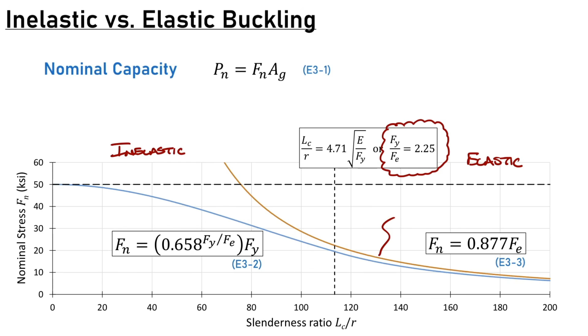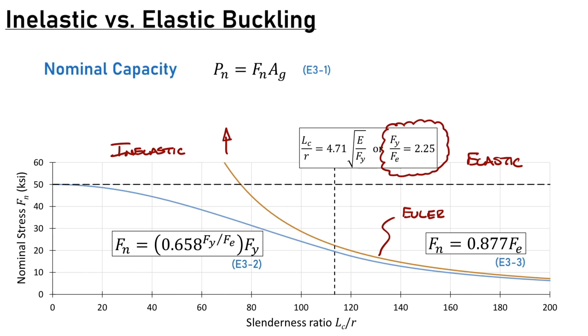This orange curve represents our Euler buckling stress, and the nominal stress is going to be slightly less than that, 0.877 times that Euler buckling stress. On the inelastic side, as we can see, the Euler buckling will just continue to increase up to infinity, in fact, as your slenderness ratio goes to 0.